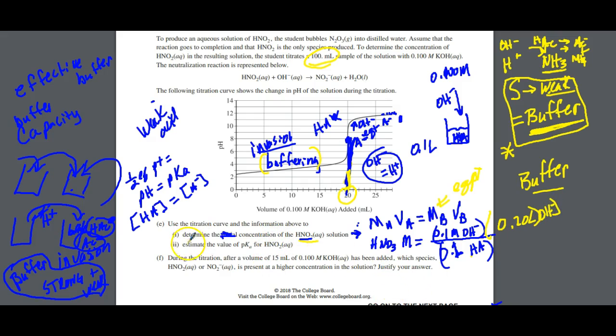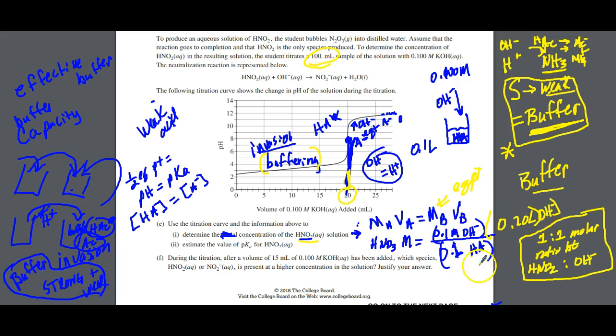And somewhere in here, because they always want to know that you know, there is a 1-to-1 molar ratio between the HNO2 and OH minus. They always want to know that you know that. So you just throw that in there if ever you're going to use MAVA equals MBV, you always put that in there.